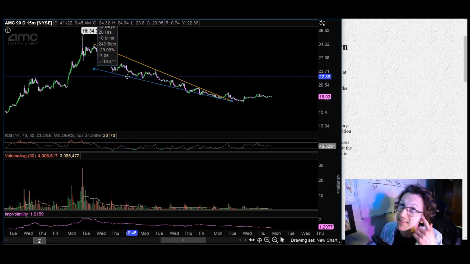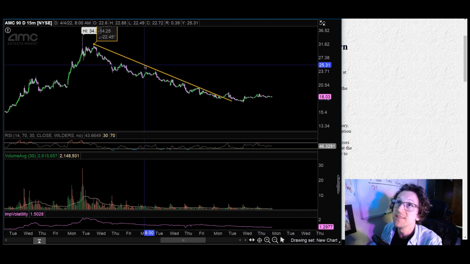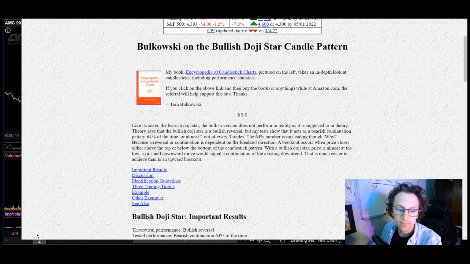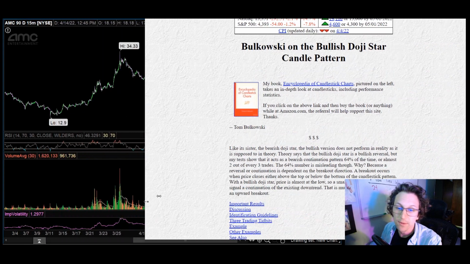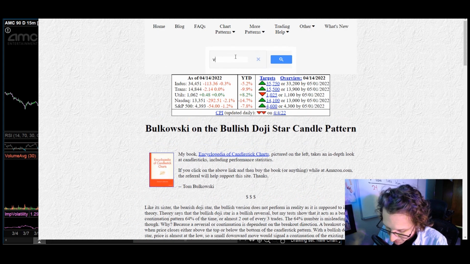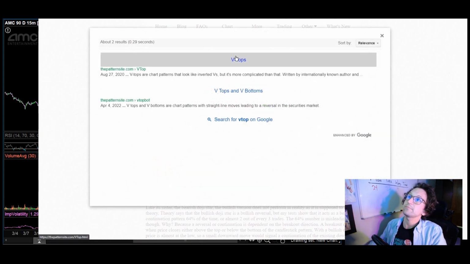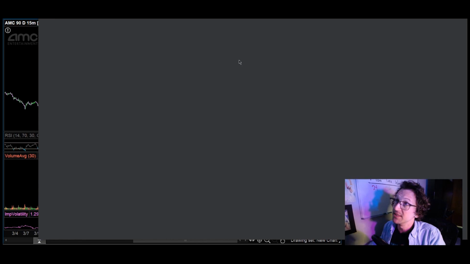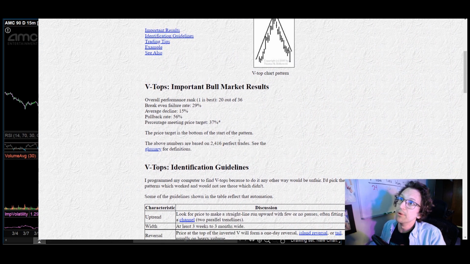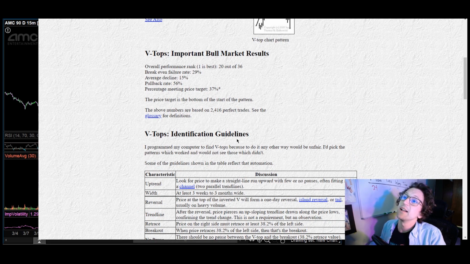And I said I wouldn't analyze the price like this because you have to be looking for the right patterns. So let me open up Bulkowski's website again, and let's go to the VTOP. I think this pattern got people because everyone's caught up on flags and pennants and wedges, but that's not how all patterns work.